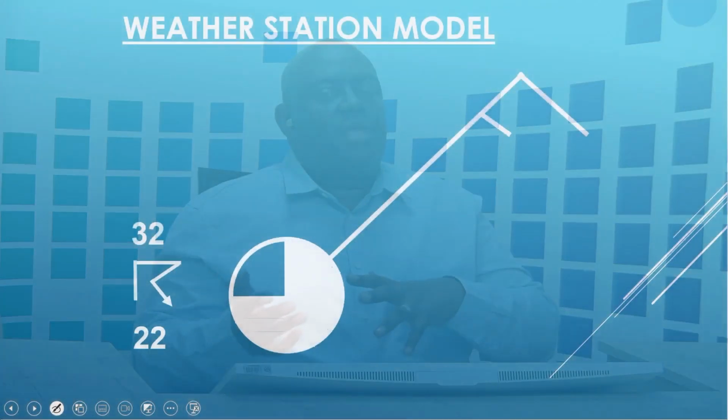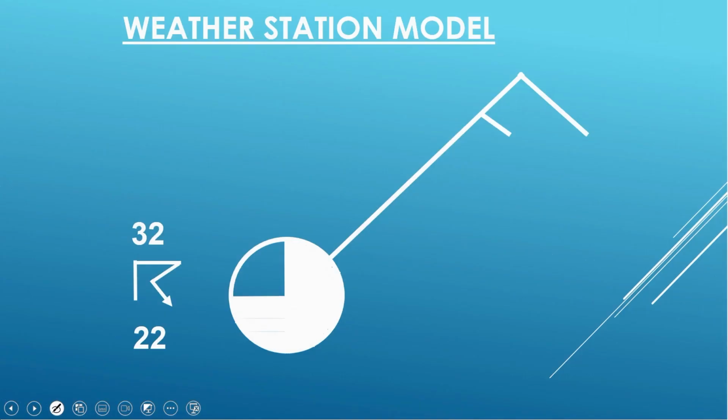Your typical weather station model will look like that, okay? Now, it will differ from map to map, from place to place, and from time to time. So this is just what I've chosen to do to be able to assist you to understand how synoptic weather charts can be interpreted, in particular, the weather stations, okay?